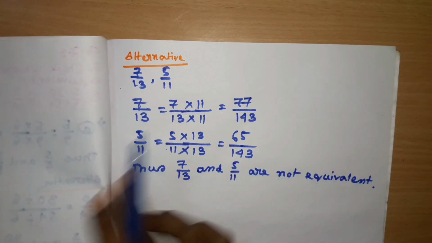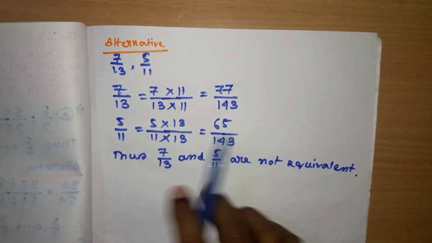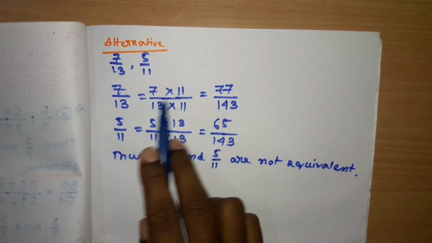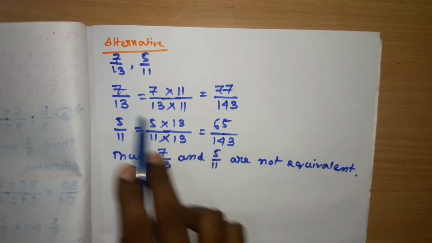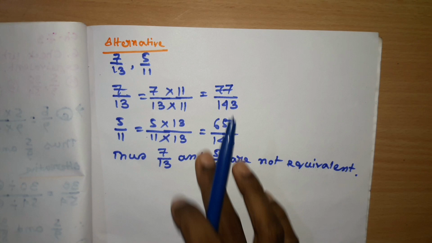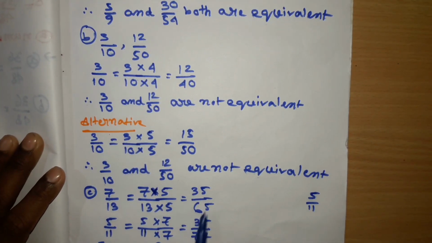What we did earlier, here all those are prime numbers. That's why we made the denominator equal by doing multiplication. Now in the earlier question, what we did, we made the numerator equal.